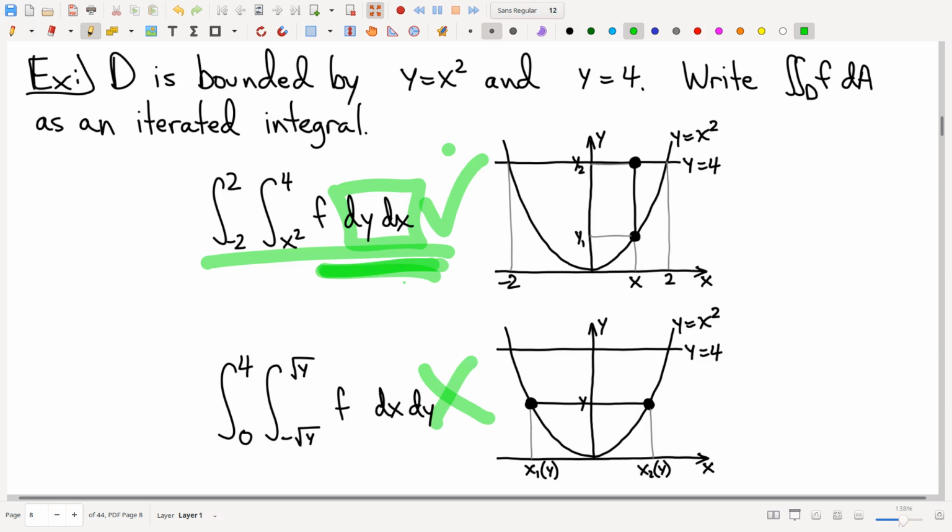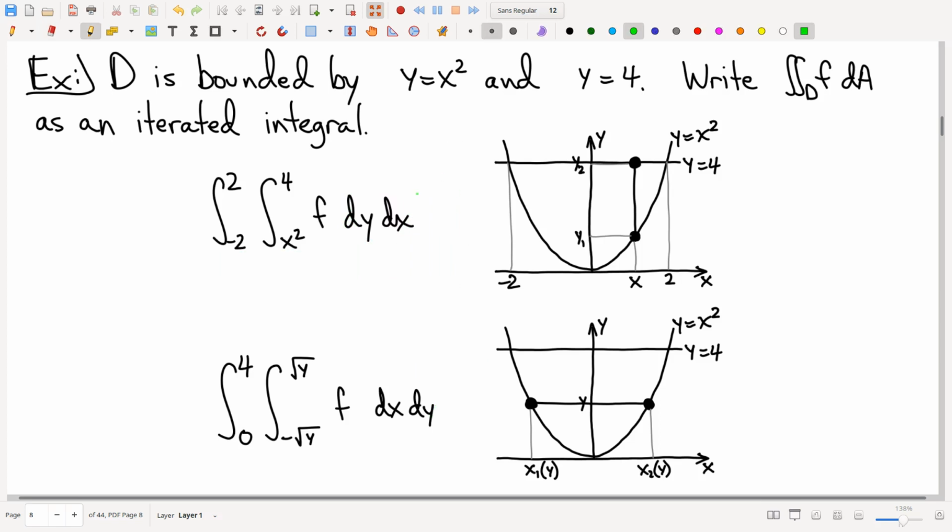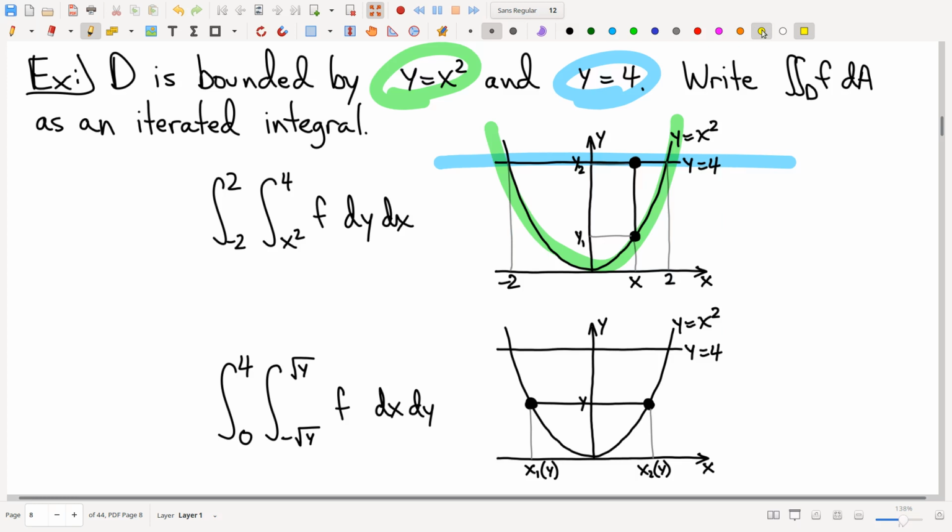All right. One other quick thing, a little bit of language. The curves, here we have a parabola, and then here we have a line. And you see the domain D is described as being bounded by those curves. We've been operating on the assumption that it was that region which is bounded by those curves. Seems reasonable. I just want to point out there's two things that make this the right region.